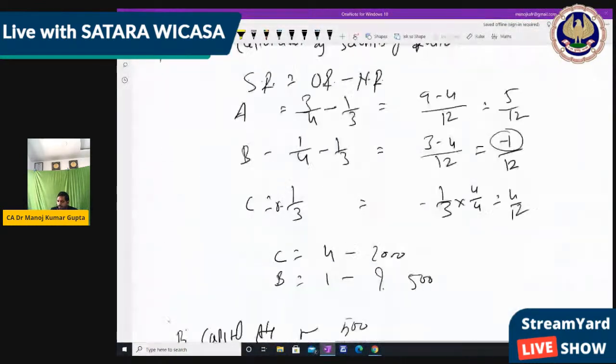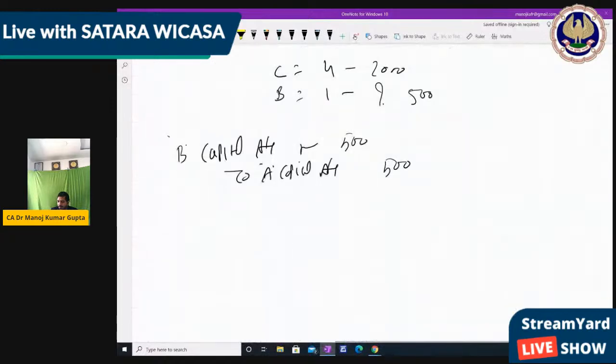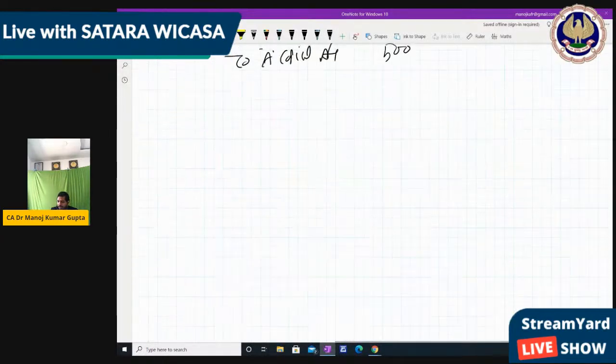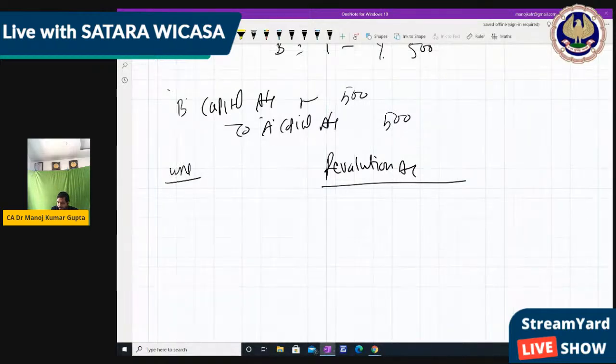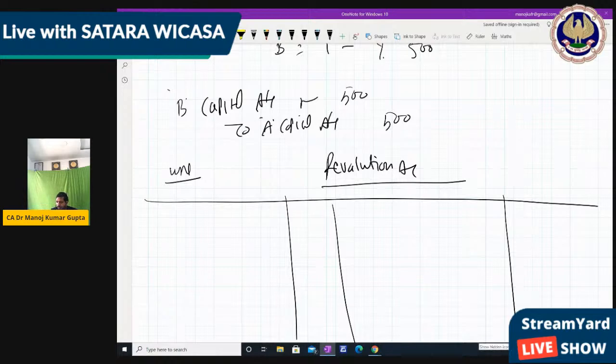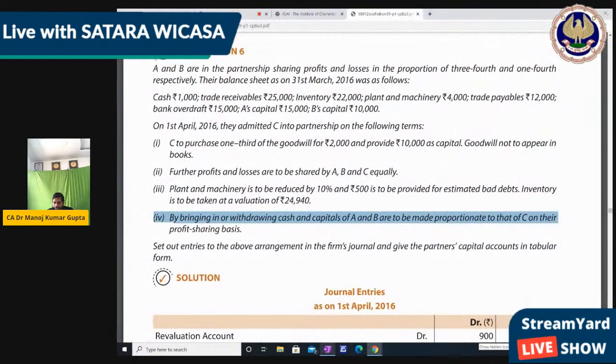So what we can do, we can make one revaluation account as a working note, because they have not asked, na? So tell me how we should provide. Plant and machinery to be reduced by 10%. How much plant and machinery? 4,000.